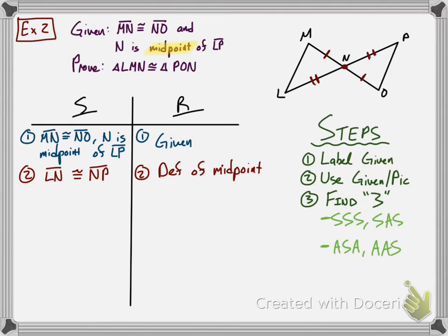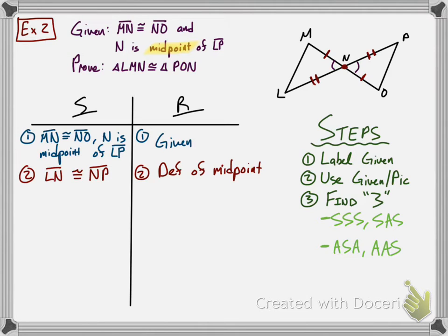All right. So now we're going to move on to our picture here and see if there's anything that we can determine is true from our picture. And one thing that I see is that we have this hourglass shape. And when you have this hourglass shape, we can say that the 2 angles here are congruent because they're vertical.